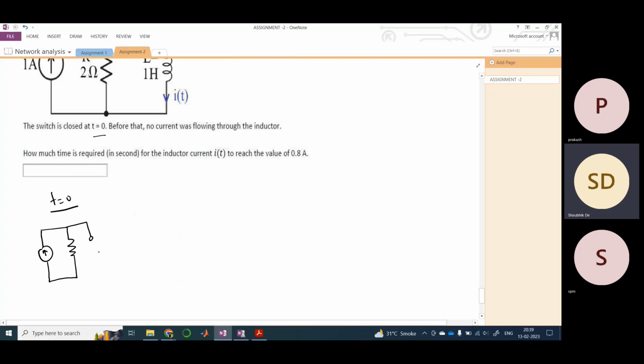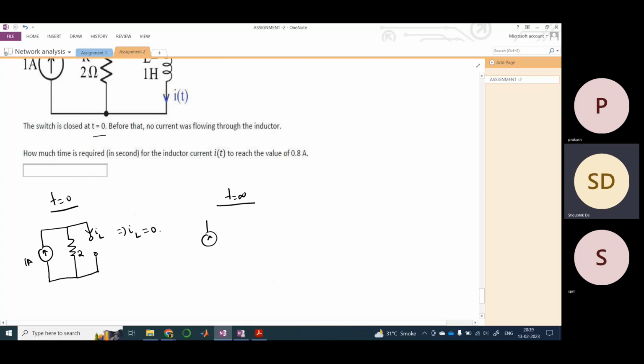This would be 2, this would be 1. So this IL would be 0 at t equals 0.